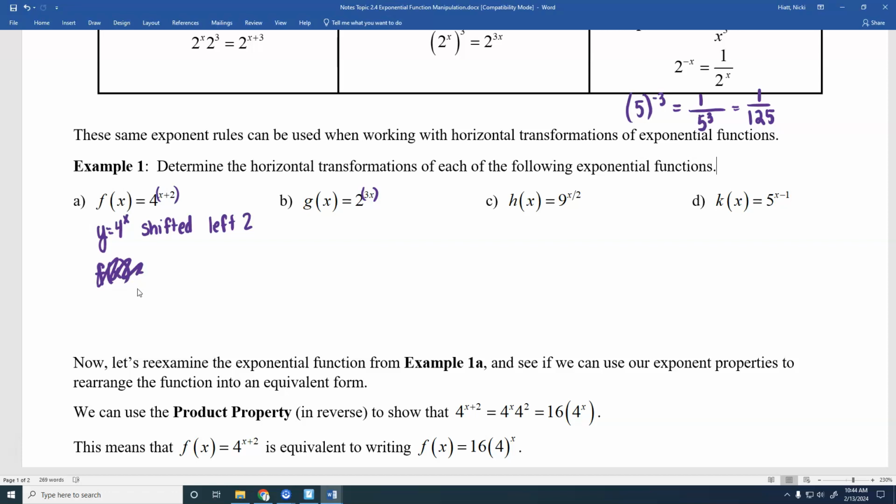So this would be y equals just 2 to the x power would be compressed, or it may just say dilated, horizontally by a factor of 1/3.